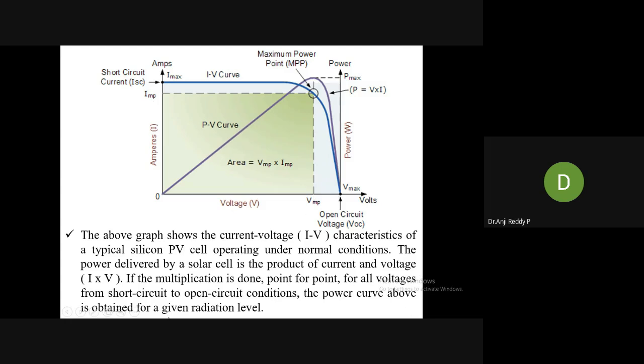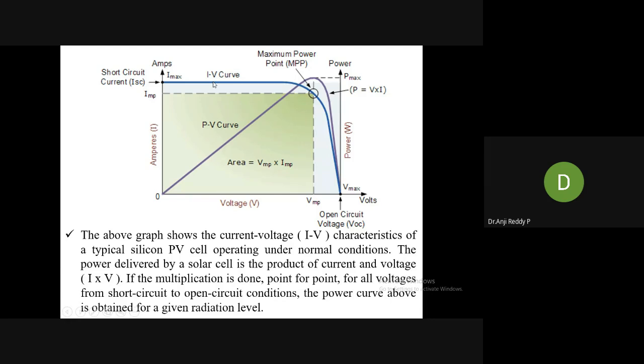The power curve above is obtained for a given radiation level. This violet curve is the power curve, and this blue curve is the IV curve. That is the first point. The above graph shows the current voltage characteristics of a typical silicon PV cell operating under normal conditions.